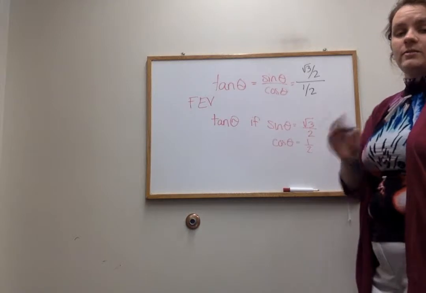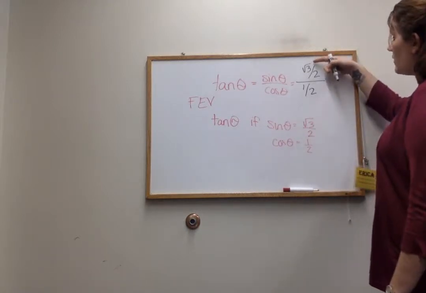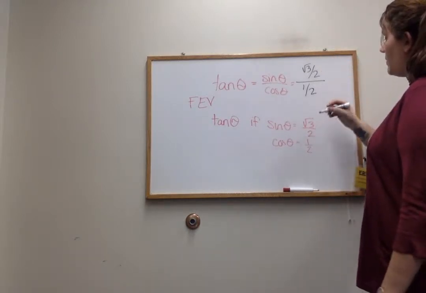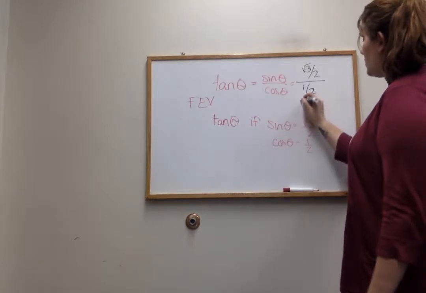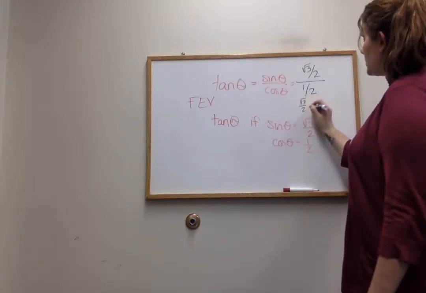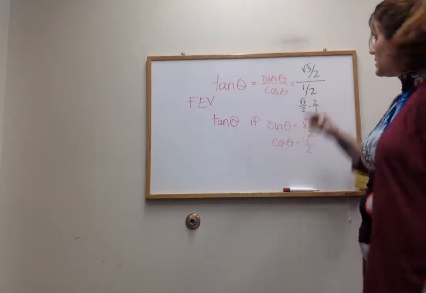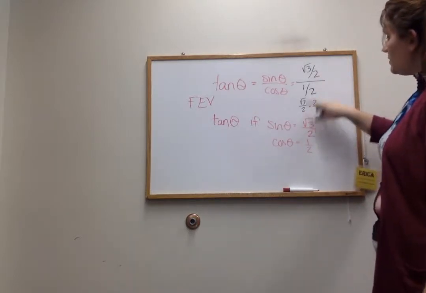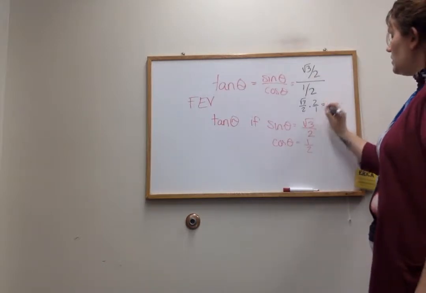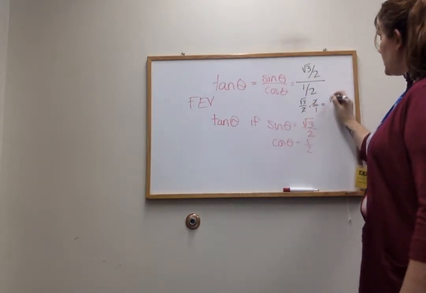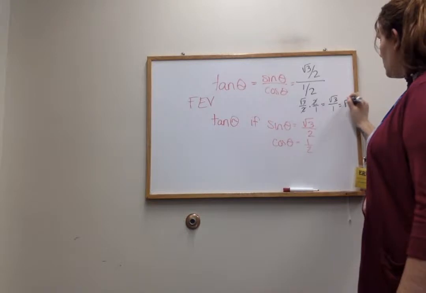A little bit of fraction work here. Radical 3 over 2 divided by 1/2 is the same thing as radical 3 over 2 times 2 over 1, right? Dividing fractions means change it to multiplication, flip the second. Our 2's will cancel, so we just get radical 3 over 1 or radical 3.